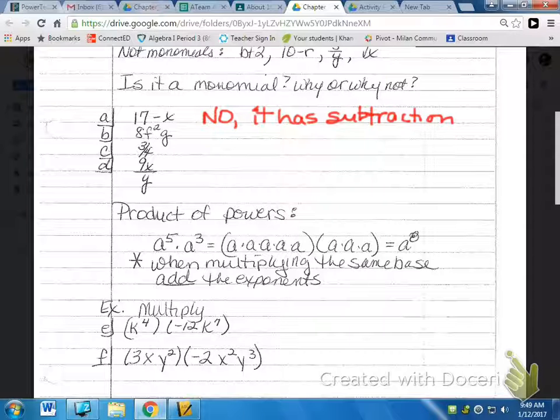Okay, what about 8f squared g? Who thinks they know this one? Yes, because it is a product of numbers and variables.